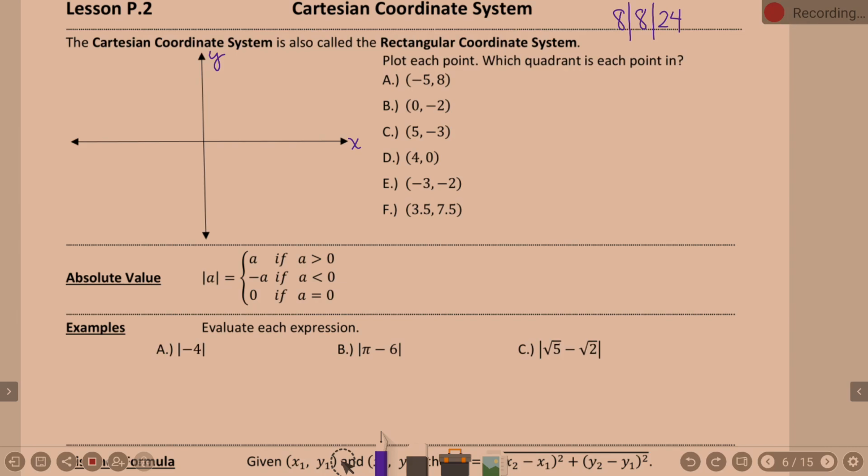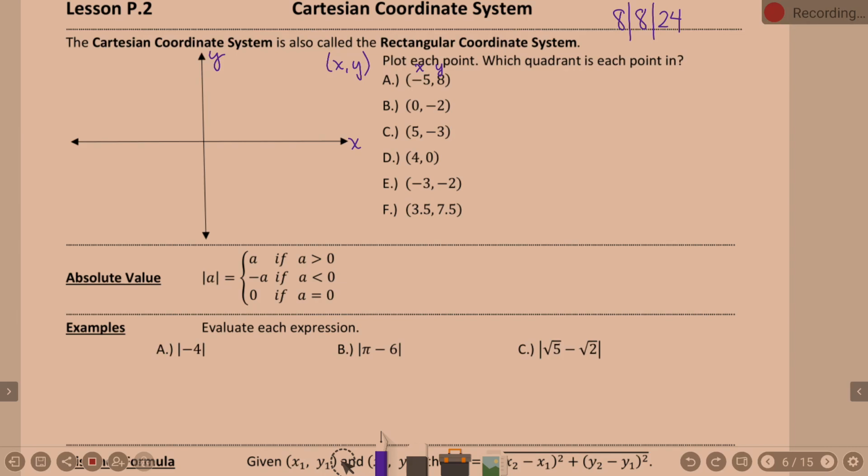Tell me about an ordered pair. An ordered pair goes in the order X, Y, right? If we're asked to plot the point negative 5, 8, how do we plot it? Negative 5 is left to right, so left 5.